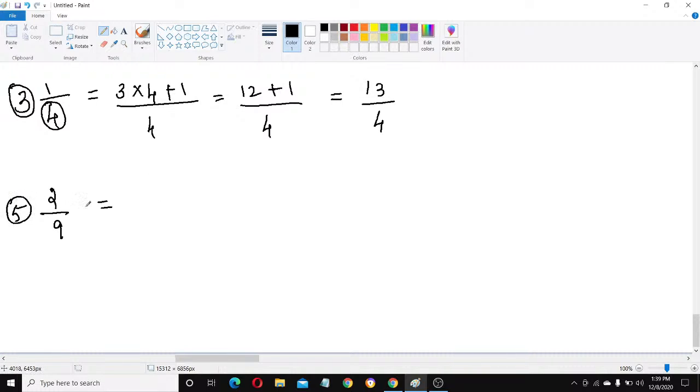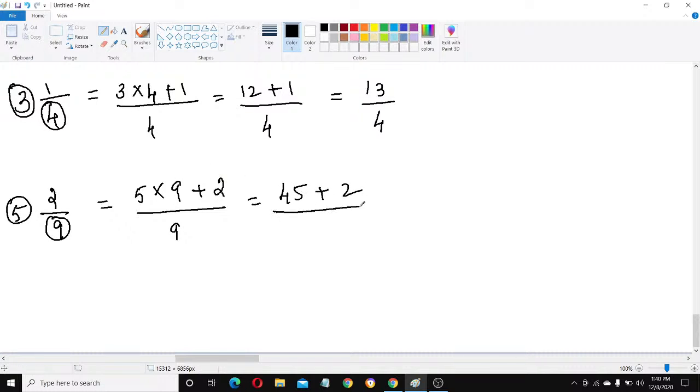Multiply the whole number 5 with 9. 5 into 9 plus the numerator 2, by the denominator 9. 5 9s are 45 plus 2, which is 47. 47 by 9 is the improper fraction form of 5 2 by 9. So you know how to convert a mixed fraction into improper fraction form.